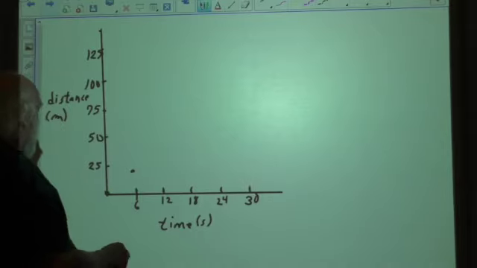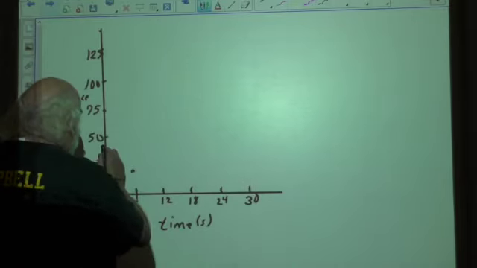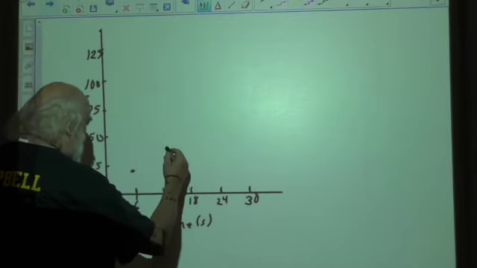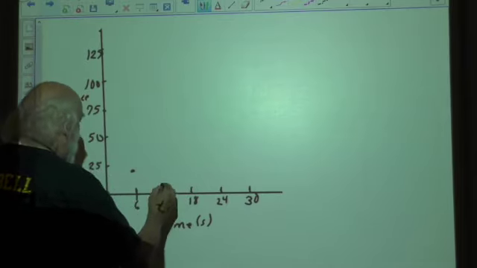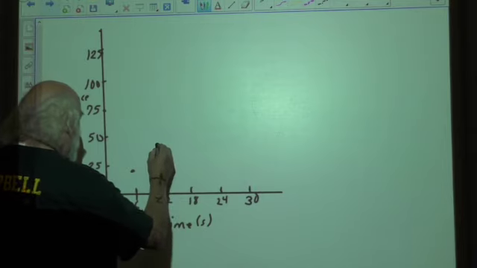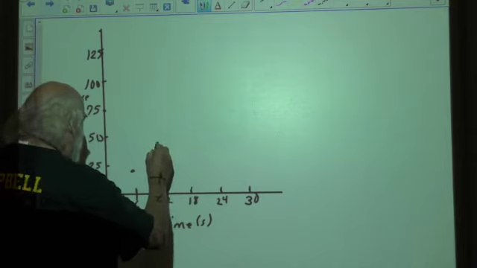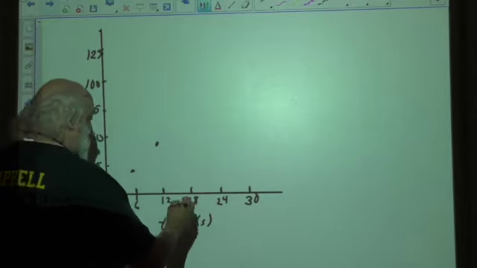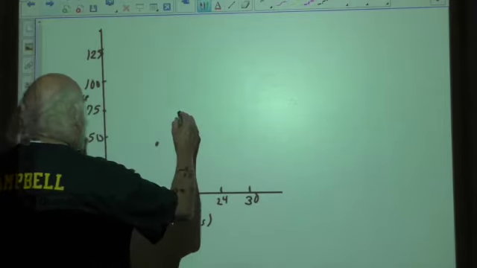Next one is at 12, it's 47.5. So here's 50, 47.5 is slightly below it, although more so than the 25. So this is going to go, I'd say, probably somewhere in the neighborhood right there. It's 73.2 for 18, so 18, 73.2.